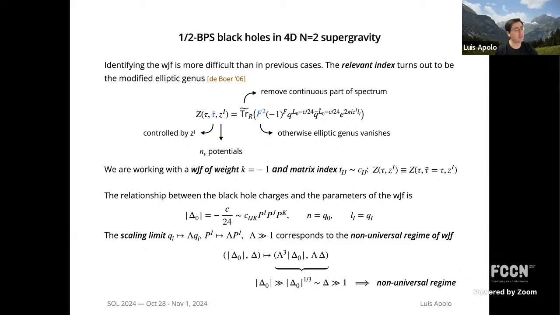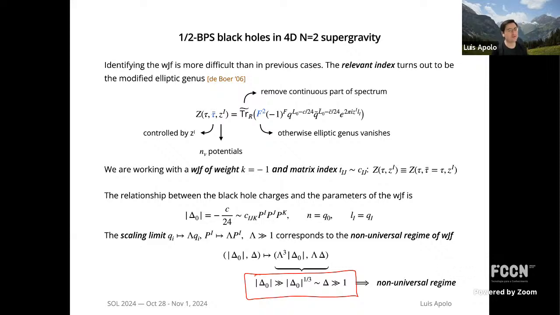But the bottom line is that when you use the relationship between the parameters that appear in your weak Jacobi form versus the parameters that characterize the black hole, you find the following relationship for the discriminant of the black hole microstates, which is given down here, which tells you that we are again in the non-universal regime.